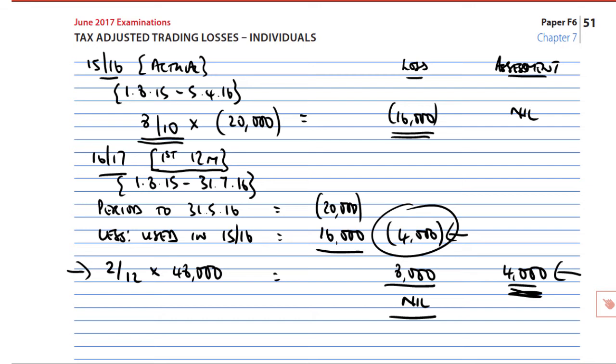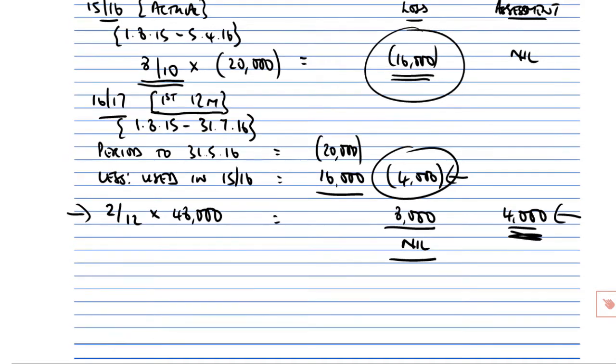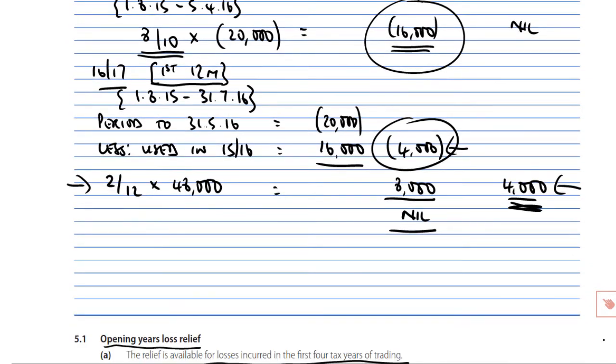So here we've already used the £4,000 loss. It means that in terms of our strict loss reliefs, there is but one loss to be used. That's £16,000.